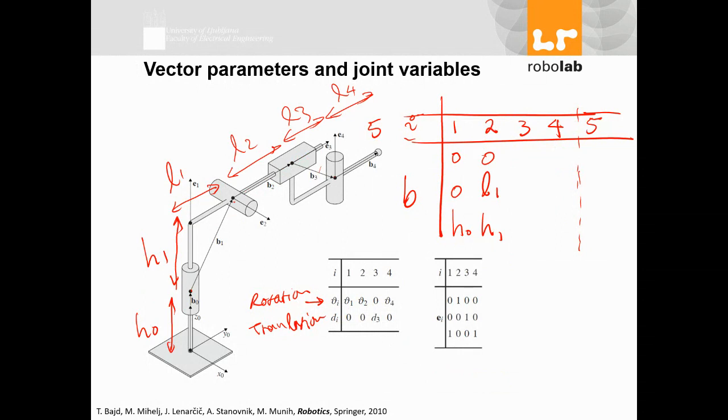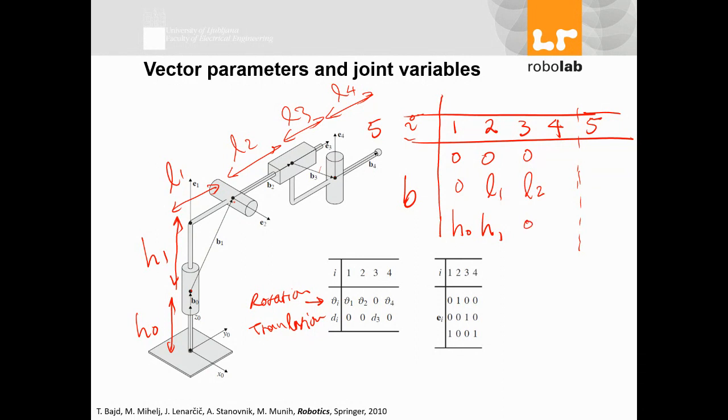And for 3, if I want to go from 2 to 3, I have to continue moving without any change in X, with L1, yeah, and with L2 in the direction of Y and 0.